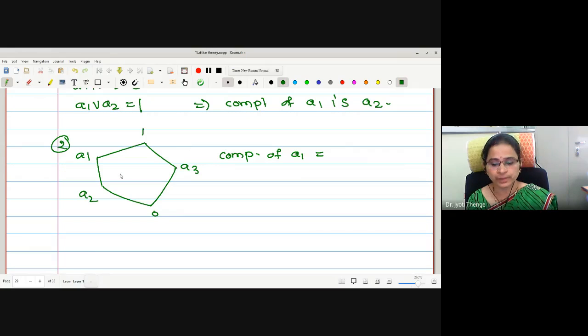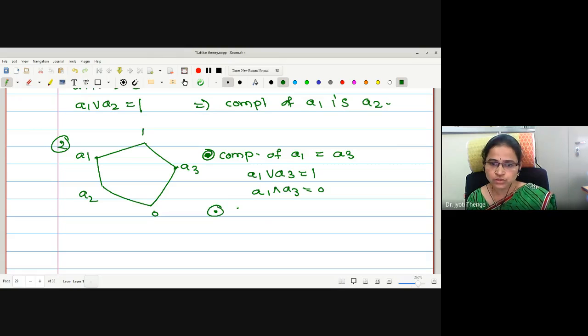We want to find one element such that A1 meet with that element is 0 and join with that element is 1. Here we can observe that A1 join A3 is 1. What about A1 meet A3? It is 0. Therefore, the complement of A1 is A3, since A1 join A3 is 1 and A1 meet A3 is 0.